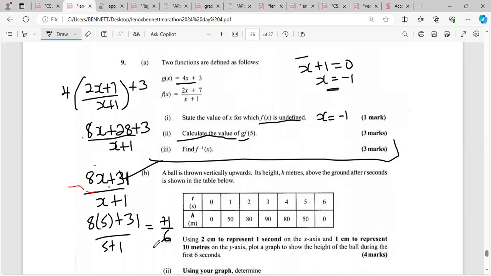Let me see some. Let's see, both of you got the same answer. And the 3 is a solid 3, a solid 3 over 1.